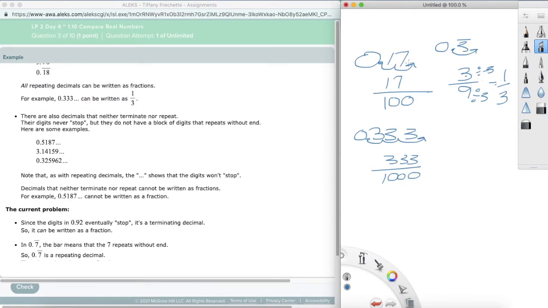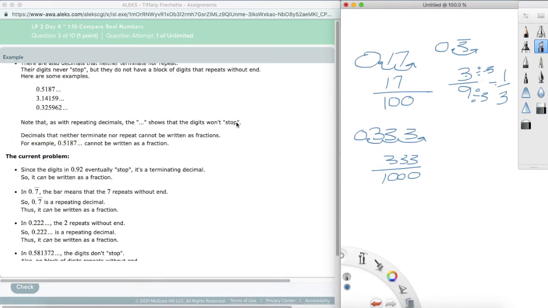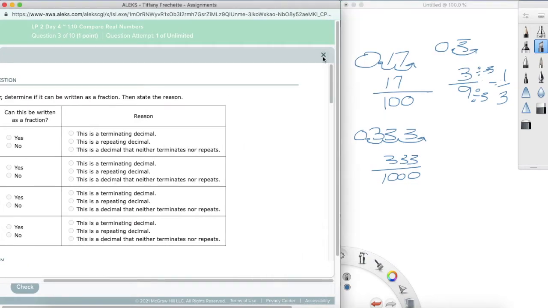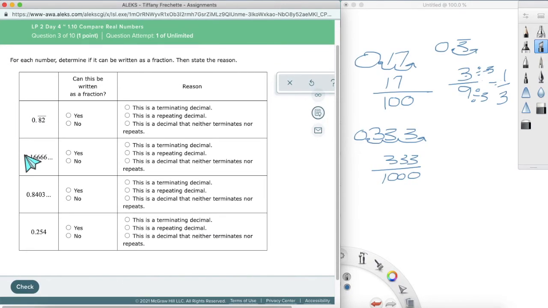That's easy. We put it over 1 with zeros. Does it repeat? Then we put it over 9s, and we reduce that if we can. Or does it neither terminate nor repeat? Then we say, okay, we can't write that one as a fraction. So that's just a little bit of background. I wanted to go through that because it's important. If we don't understand those pieces, there's no way we can complete this question.